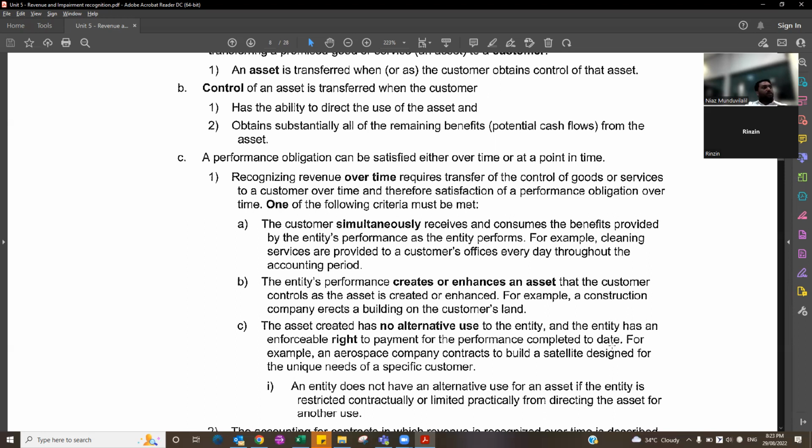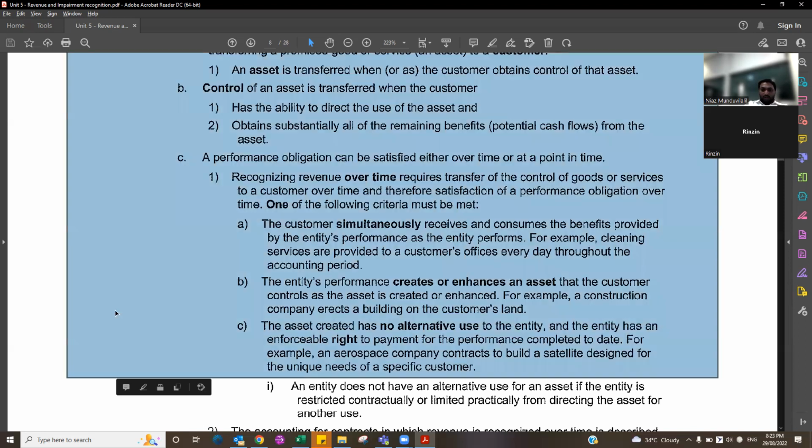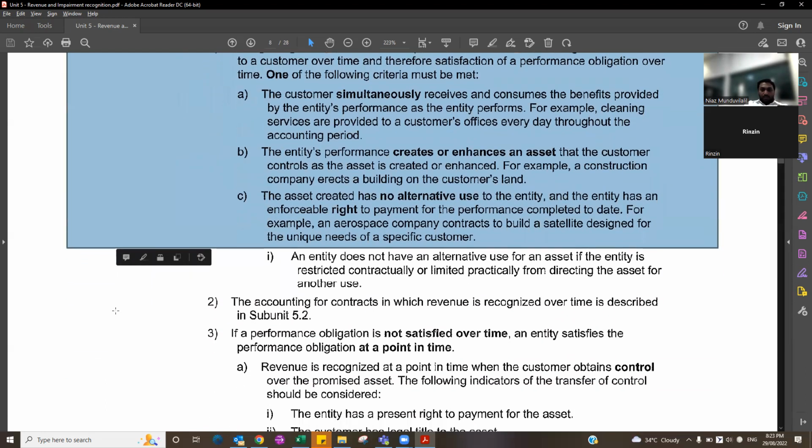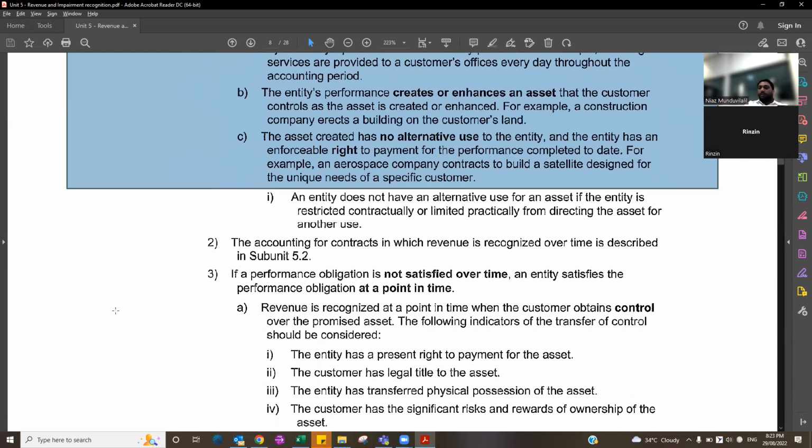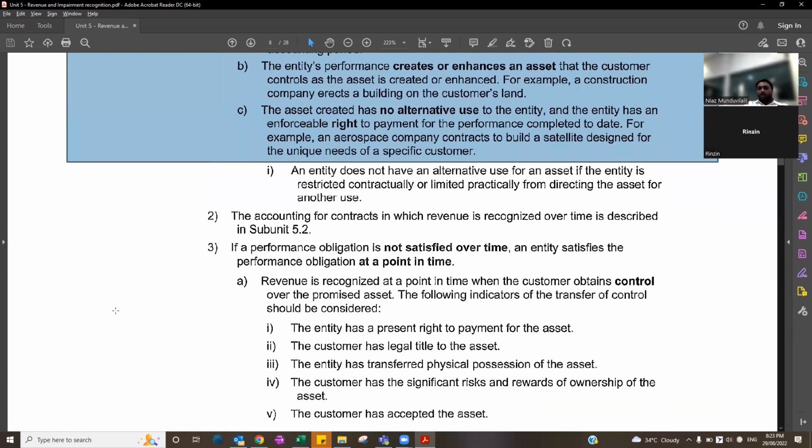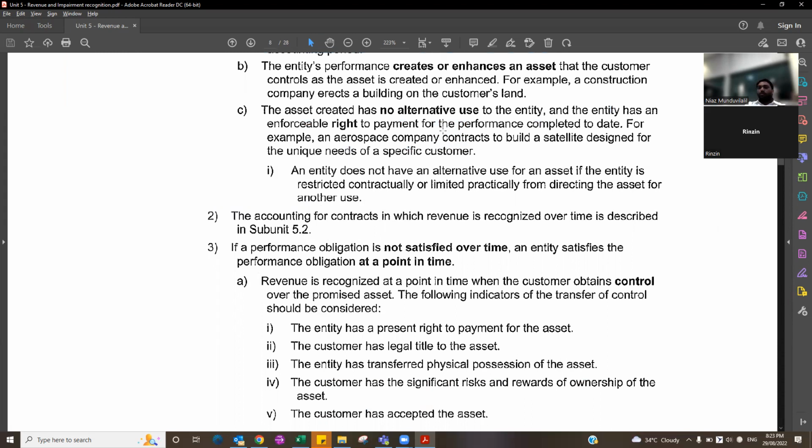For example, an aerospace company contracts to build a satellite designed for the unique needs of a specified customer. For example, I manufactured some product based 100% on your requirement. I can't sell this to anyone else. So I have an enforceable right. I will force you to make the payment.